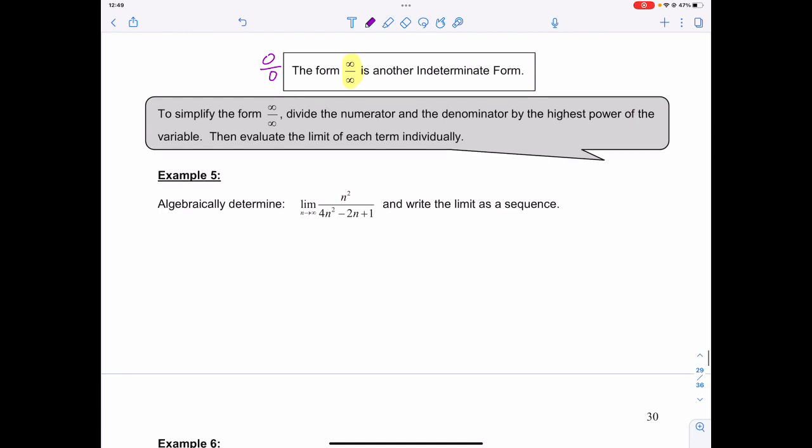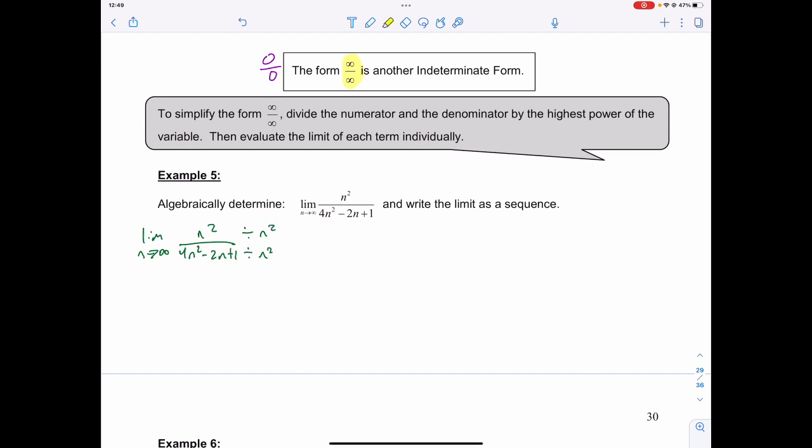So, if we're algebraically determining the limit of this, then I'm going to say that the limit as n approaches infinity of n squared over 4n squared minus 2n plus 1, I'm going to divide the numerator and the denominator by n squared.